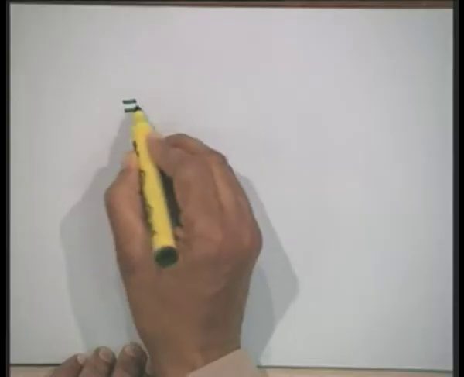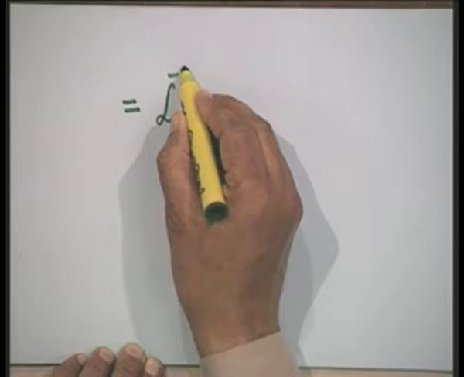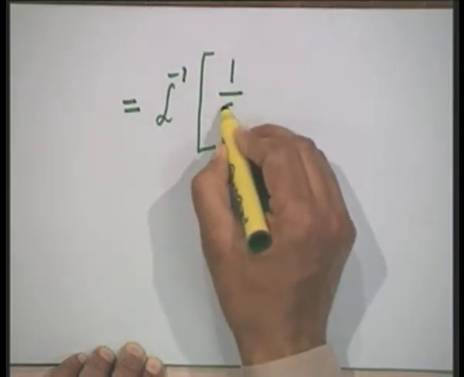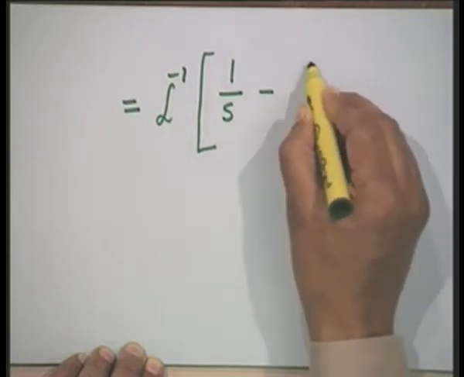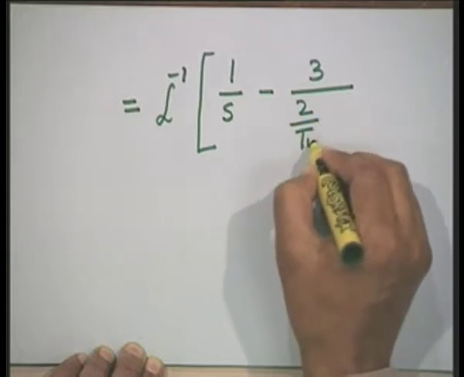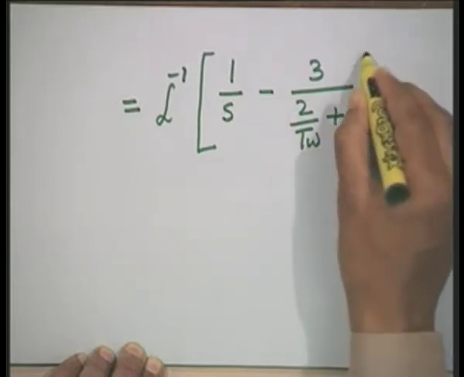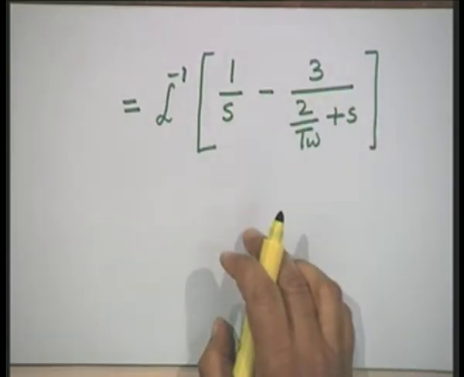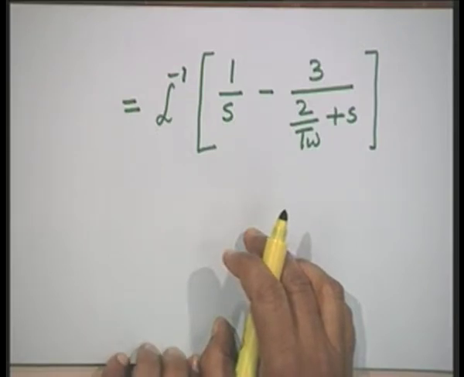Now, we obtain the partial fraction of this, and it will come out to be equal to Laplace inverse of 1 by S minus 3 over (2 by TW plus S). If you simplify this expression, you will get this expression. You can just check it.